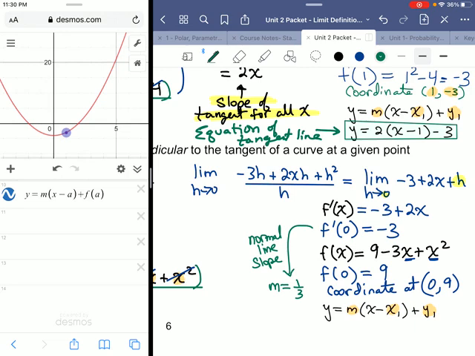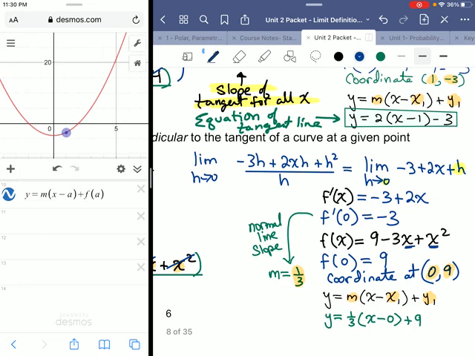Because perpendicular lines have slopes that are negative reciprocals of one another. So I have my x1, I have my y1, but instead of putting in a negative 3 for the slope, I'm going to put in a 1/3. So y is equal to 1/3 times x minus 0 plus 9. You could leave it like that if you want. You could also clean it up and write y equals 1/3 x plus 9. Either way would get the job done.